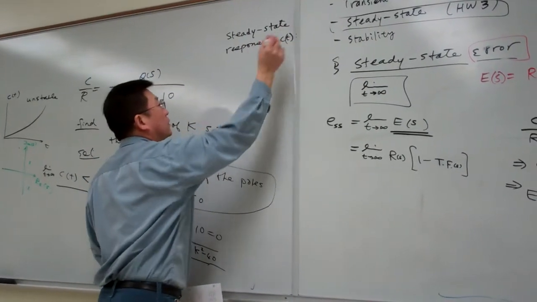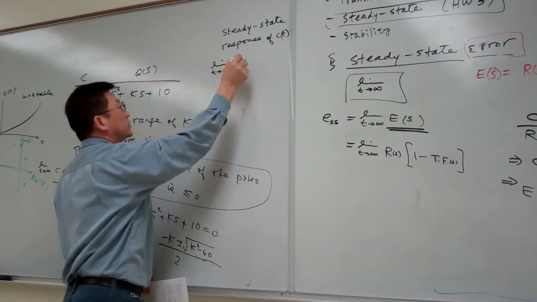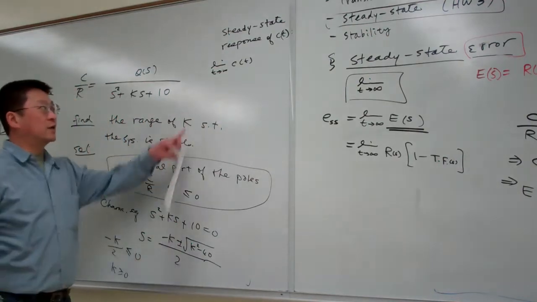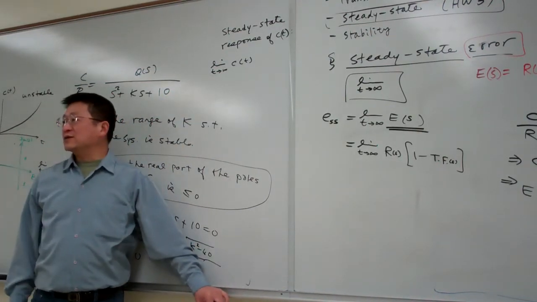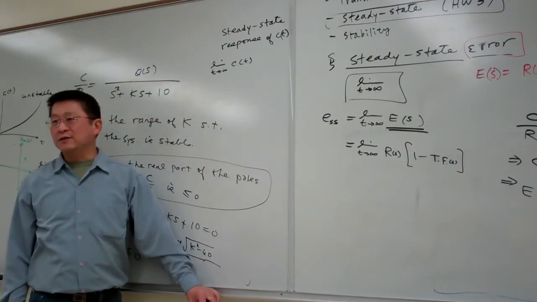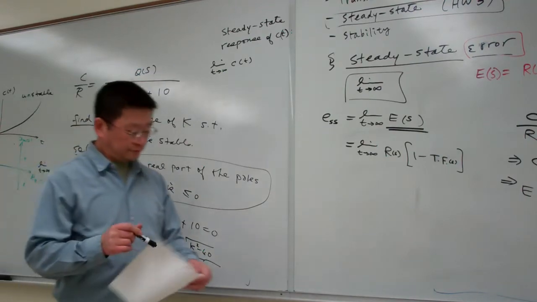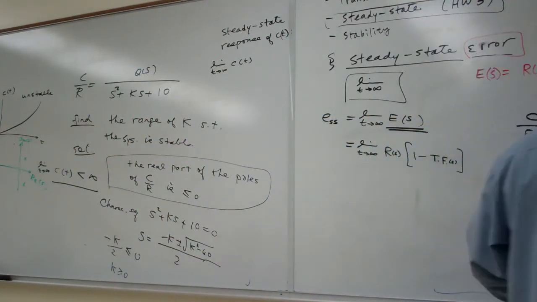Basically that is equal to the limit as t approaches infinity, where we simply calculate the value of c of t. Or if you want to calculate the steady state of something else, you simply plug that definition in. We can look at one example here.